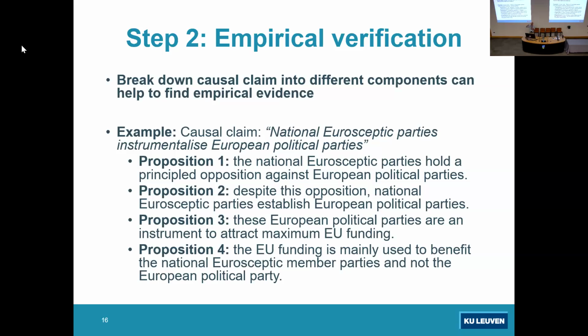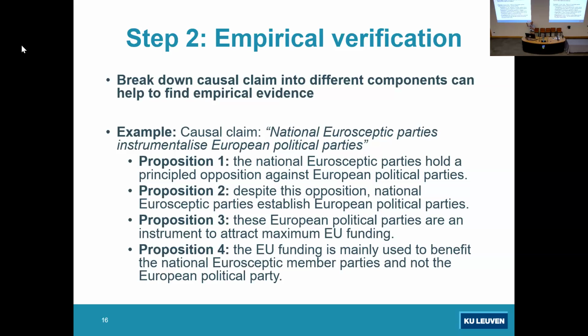And then I tried to break it up into different components. What does instrumentalization mean? I operationalized it as follows: they have a principled opposition against the establishment of European political parties, and they actually don't want to establish these party organizations. But despite this principled opposition, they do set up these European party organizations.